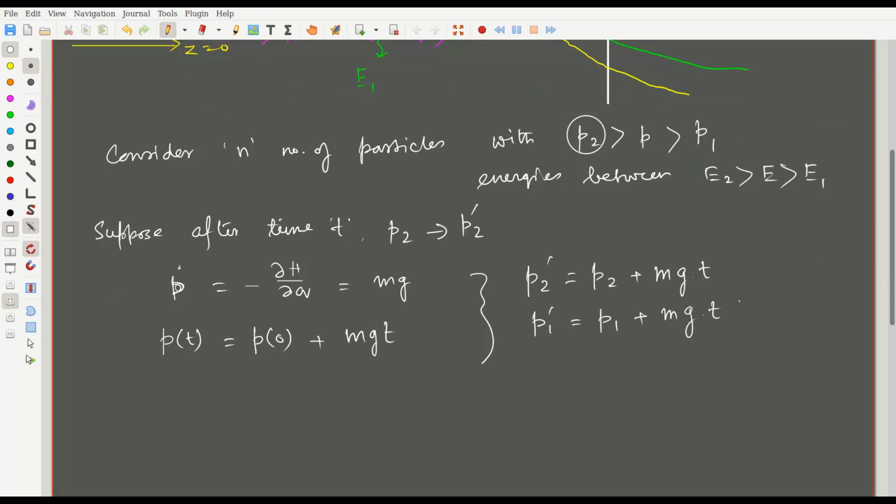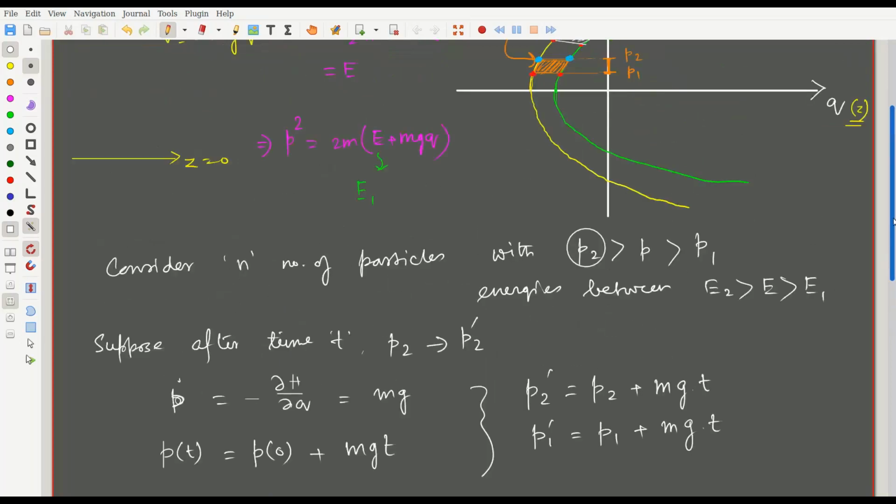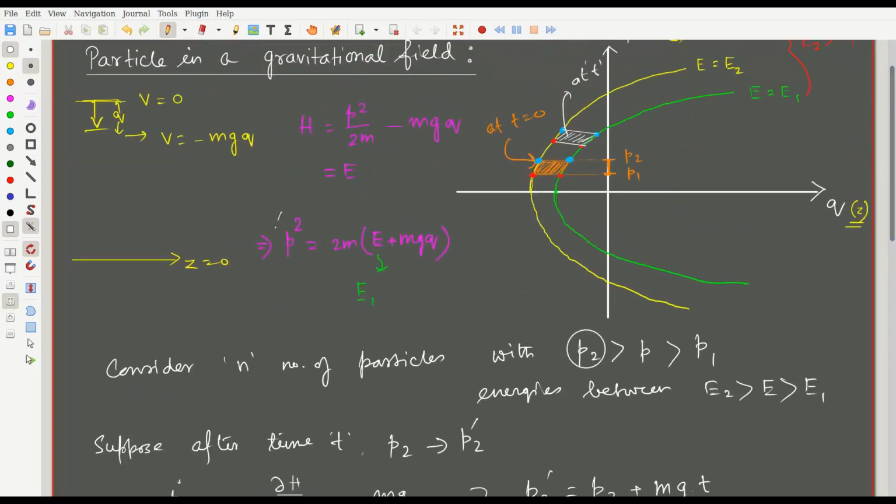Remember that once you know the value of p, the value of q can be determined from the conservation of energy, because p and q are related by this equation.